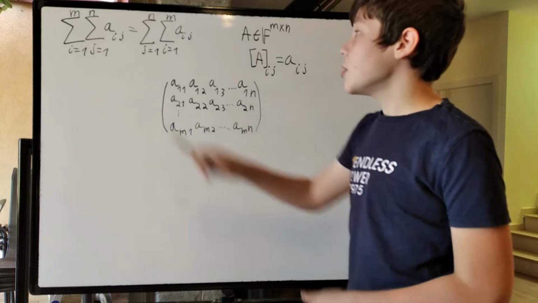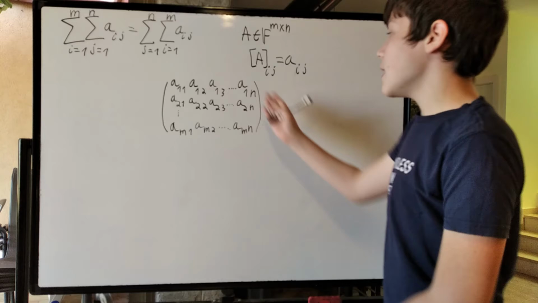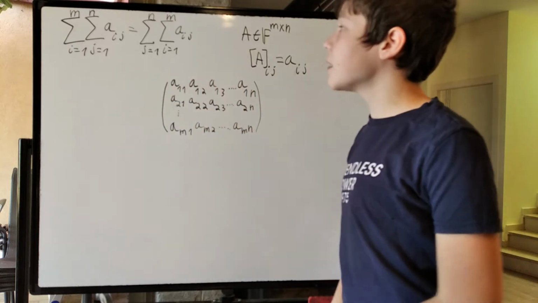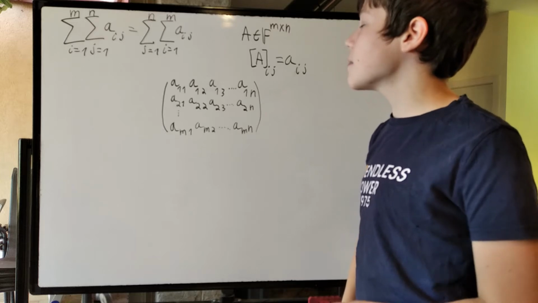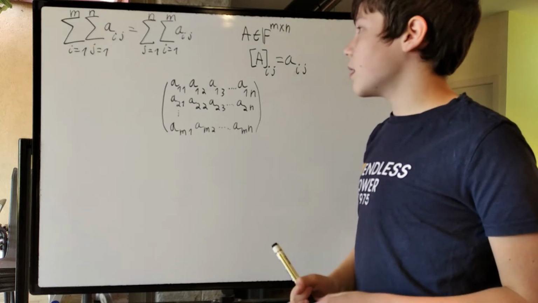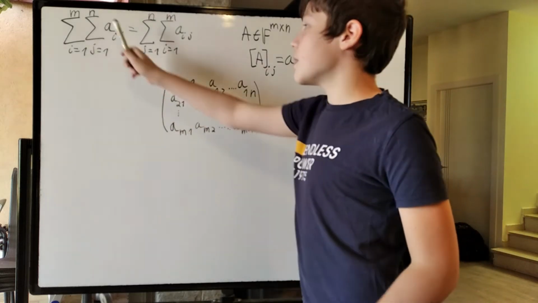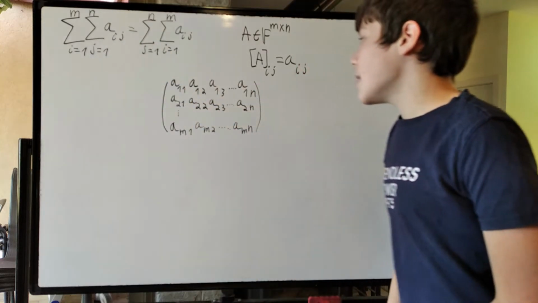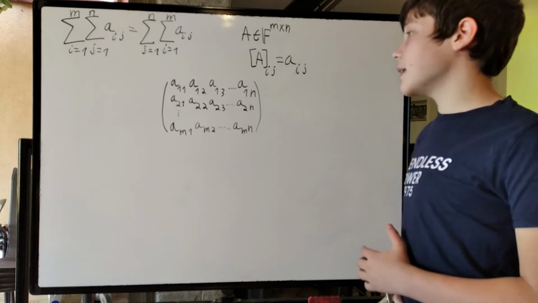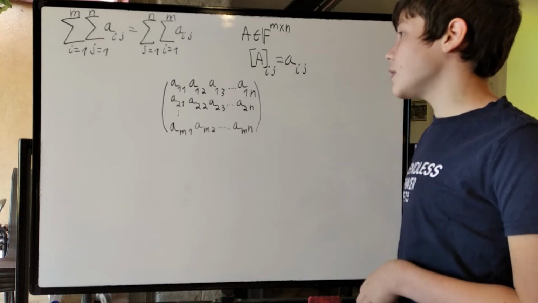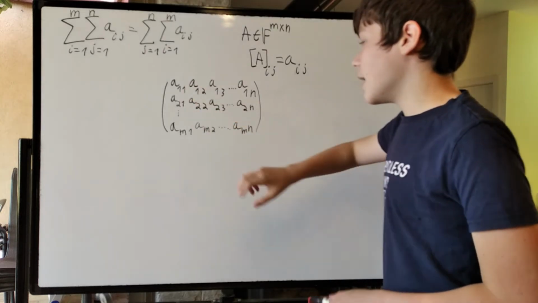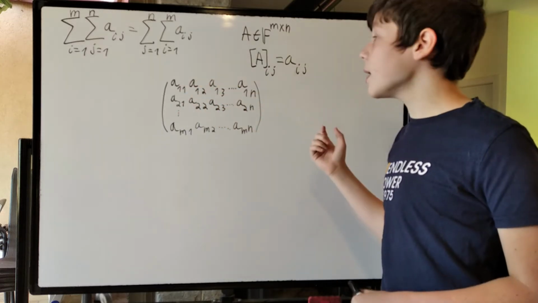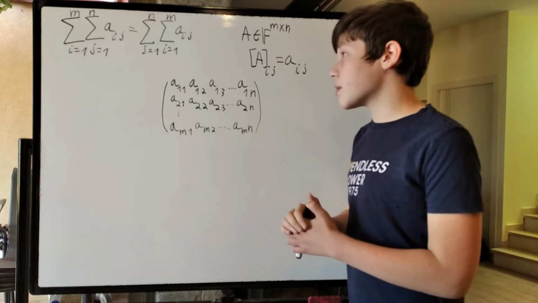Now let's see what these sums actually mean in our matrix. If we look at the left-hand side, this sum, the sum where j goes from 1 to n, means that we look at the row number I and we sum all the numbers in it.